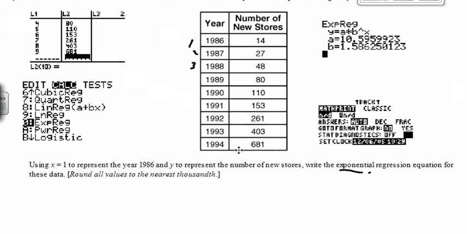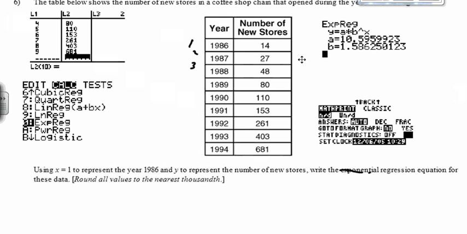So we have y equals 10.5, that's 9, 6, so tens, hundreds, thousands, 9, 9, times 1.586, oh, yep, to the x.